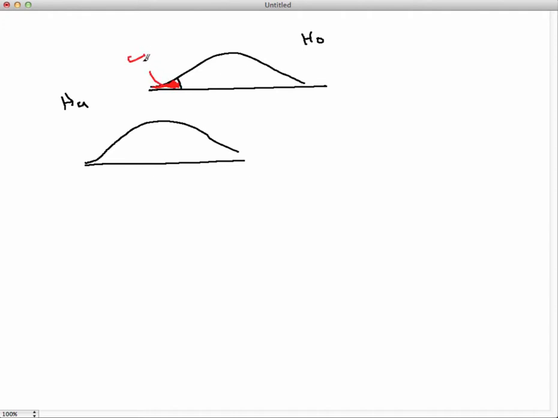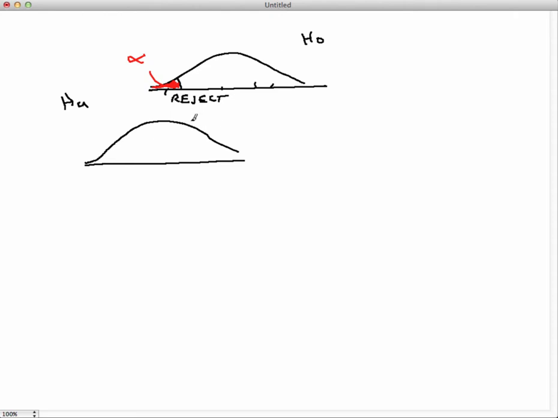And so that's my probability of making a type 1 error there. So remember, alpha is the probability of making a type 1 error. So recall that if our value falls into this region right here, then that means that we would reject the null hypothesis. And any value that fell over in here, we would accept the null hypothesis.